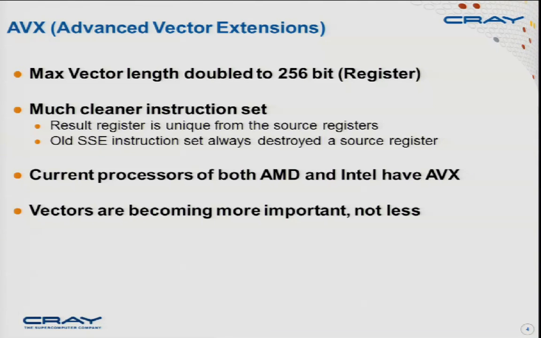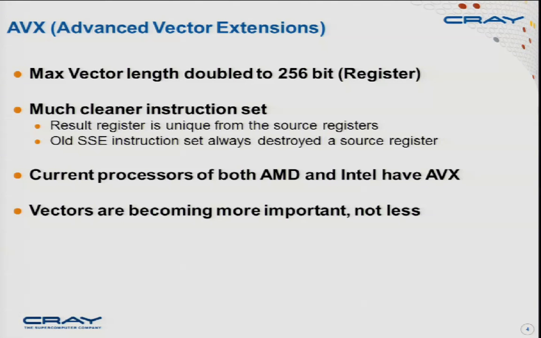It is also a much cleaner instruction set. This doesn't matter to you too much. It matters to compiler writers more, but it also helps with the instruction throughput. The old instruction set was first designed in the late 70s, early 80s, and it kept on having various baggage.